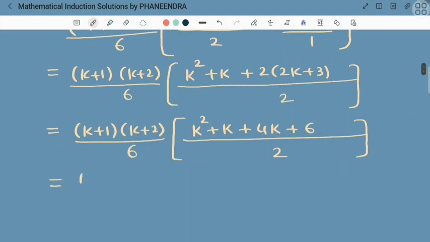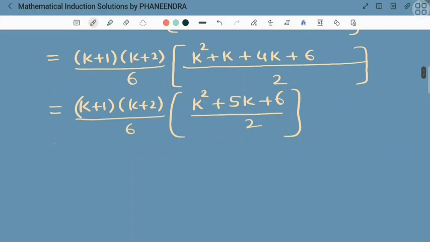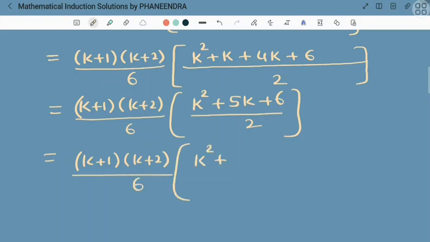So now factorization we can do, dear students. k plus 1 into k plus 2 by 6 into k square plus 5k plus 6 by 2. Here factorization: 6 can be written as 2 into 3, no? So k square plus 2k plus 3k plus 6 by 2.